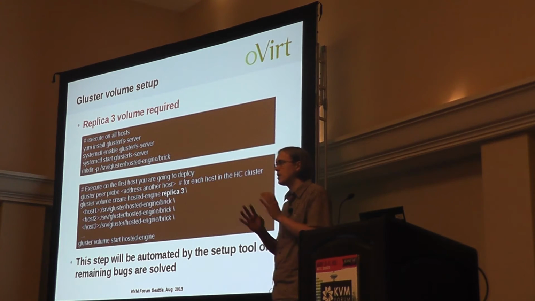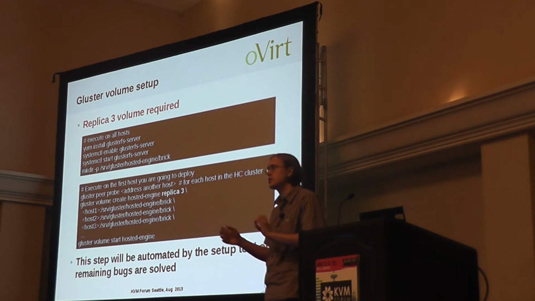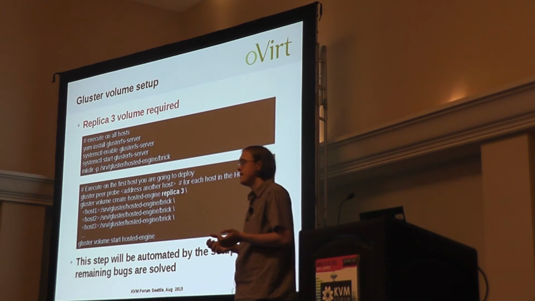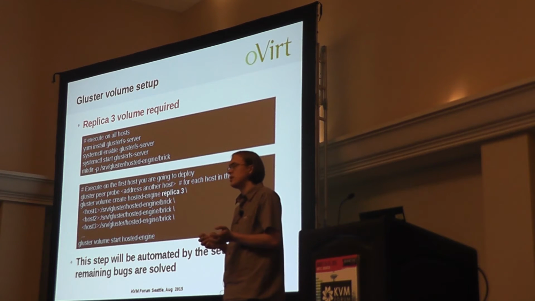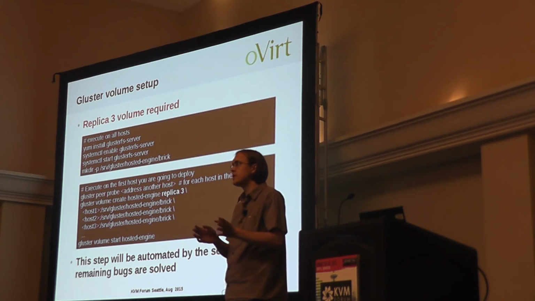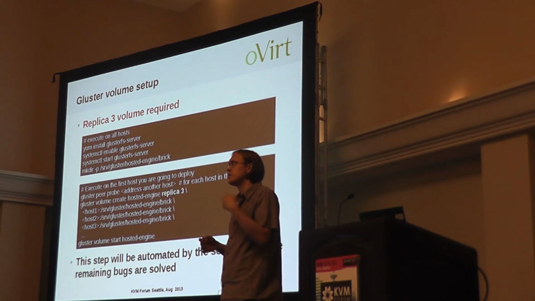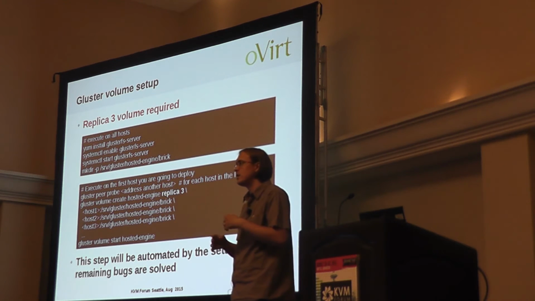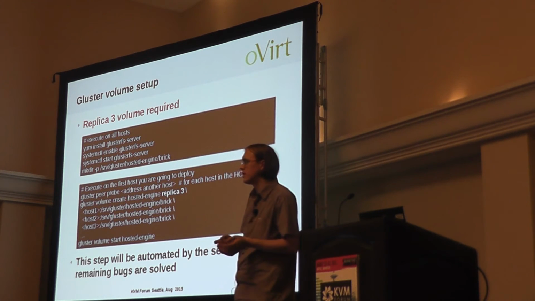It internally prepares all the Gluster connections between those hosts, and the hosts will see each other. It also means that you can use any of those hosts to connect to any of those volumes you create. Independently of where the bricks are, you just use one of the IPs, it connects there, it gets the list of all the other hosts, and then it will use the bricks for data.